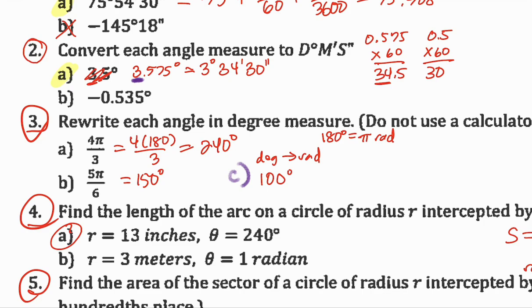For that, remember, we tack on a pi, we put it over 180, and we reduce it as much as we can, leaving your pi in your answer. Both of those are divisible by 20, so you would get 5 pi over 9.